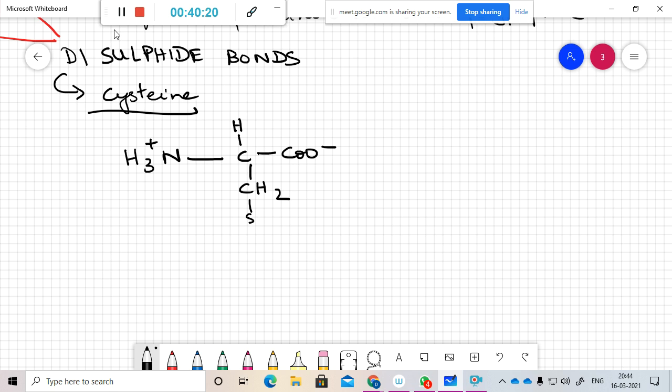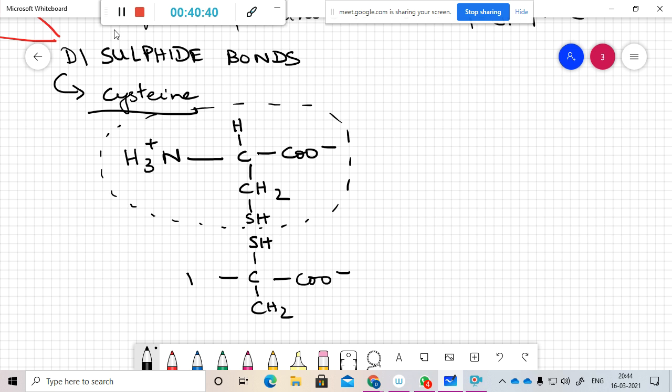CH2 SH. This is one cysteine molecule. We are drawing another cysteine molecule to this. This is another molecule. They are in a reduced form.